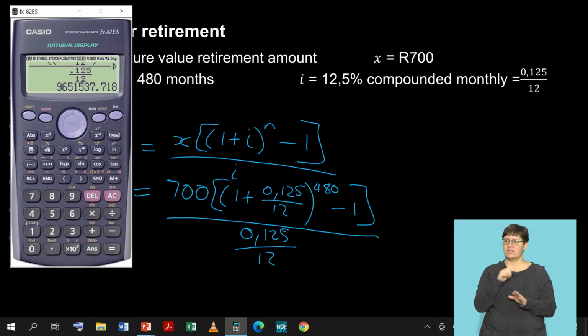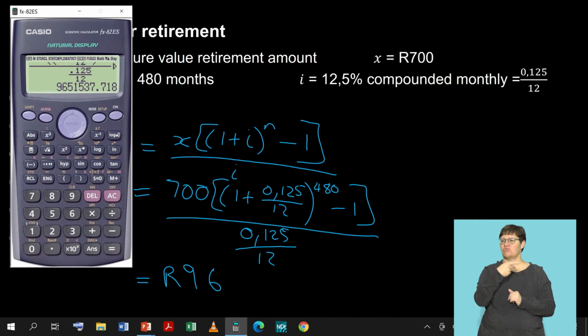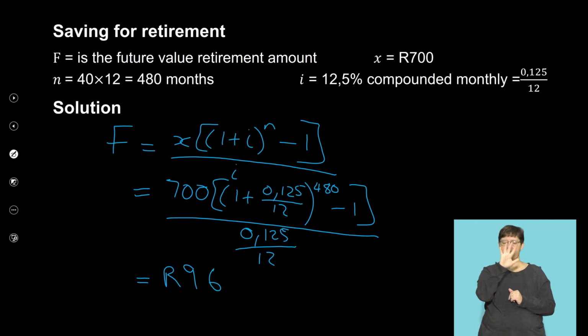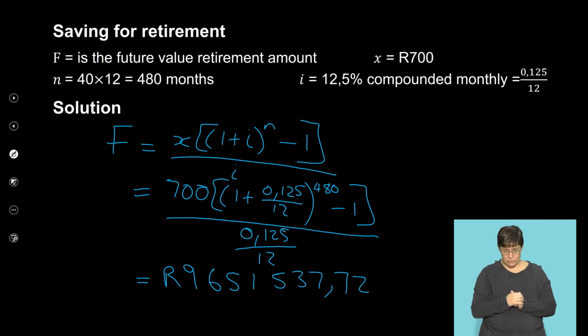And this will give me, let's see how many numbers are here. There's 7 of them, so it's 9,600,000 and something. So I'm just going to say this is 9,600,000, and 51,537, comma, the cent is 72 cents.